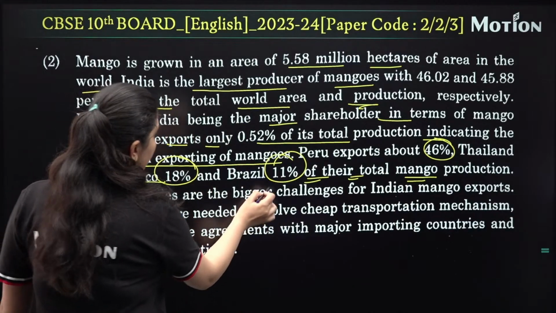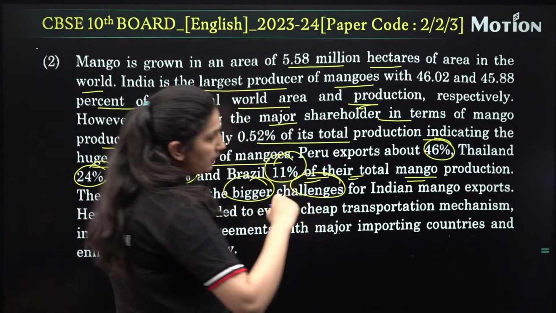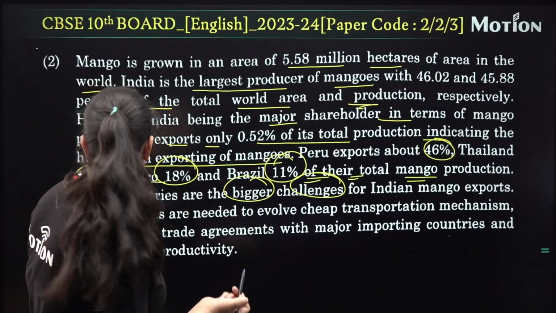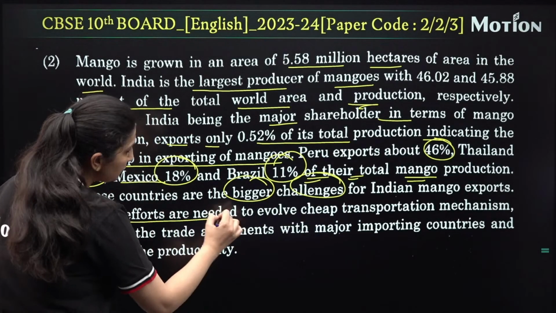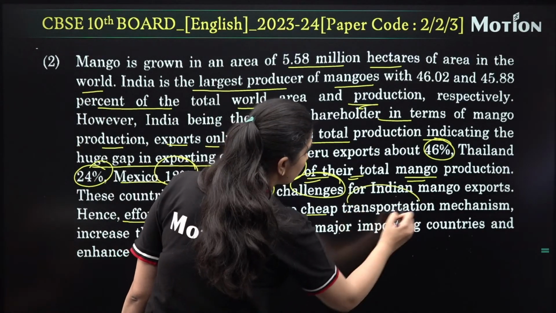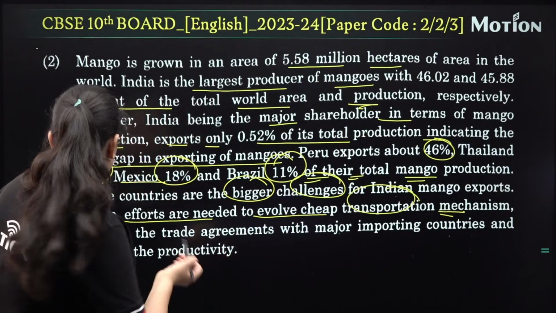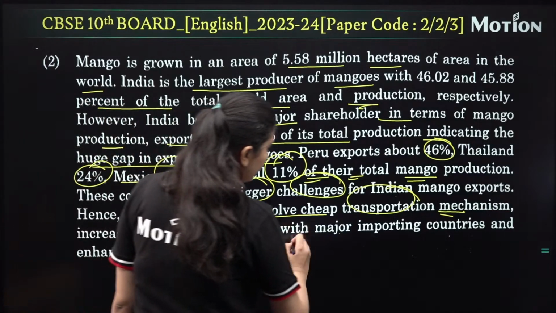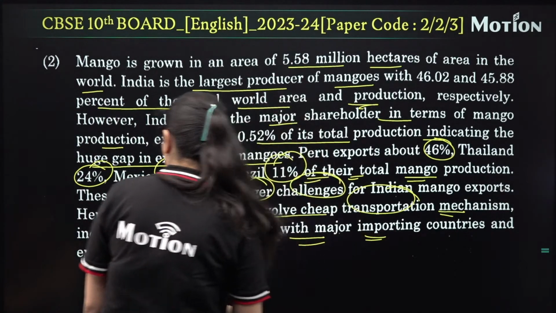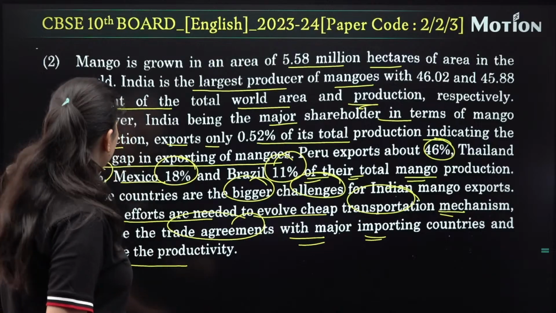These countries are the bigger challenges for Indian mango exports. ठीक है, हमारे लिए बड़ी challenges हैं. Hence, efforts are needed to evolve cheap transportation mechanism. Efforts की requirement है हमें. Increase the trade agreement with major importing countries and enhance the productivity.